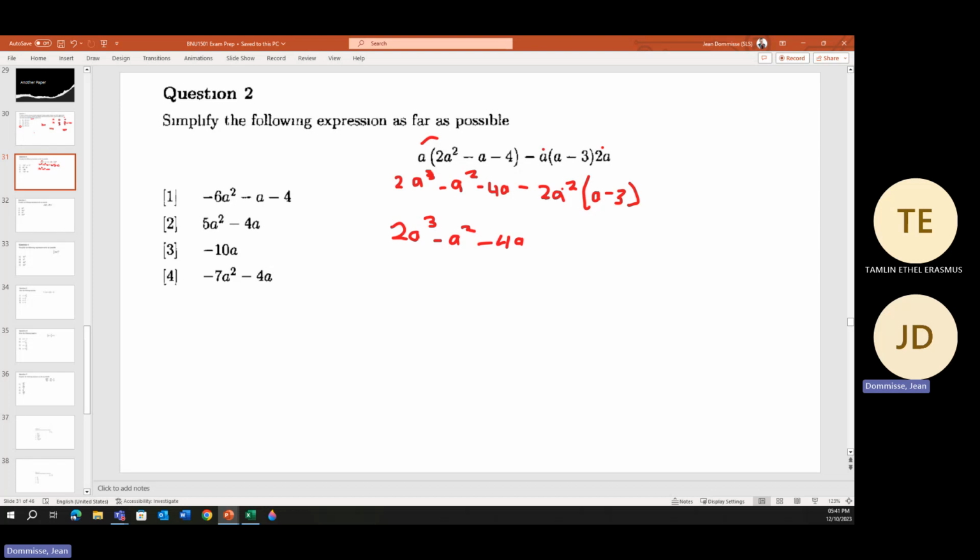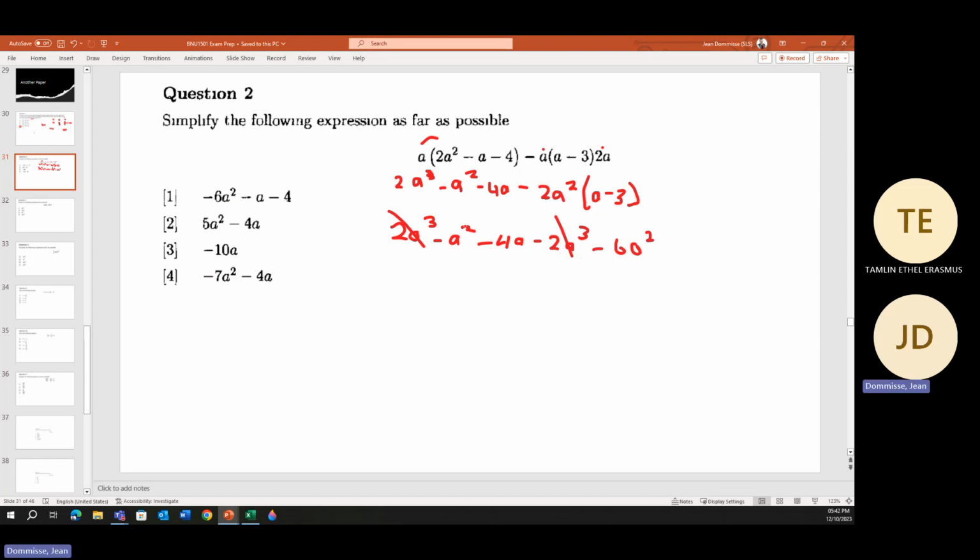Then minus 2a to the power of 2 times a gives you minus 2a to the power of 3. And then that one is plus 6a to the power of 2. Okay, so those two will cancel out. You can see there's nowhere where it is a to the power of 3.